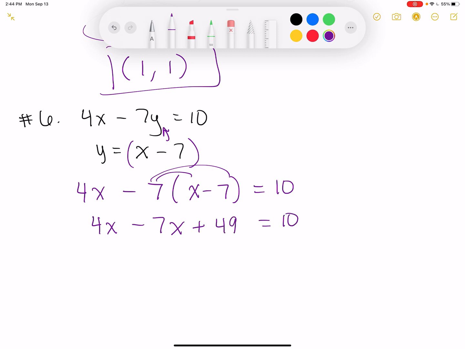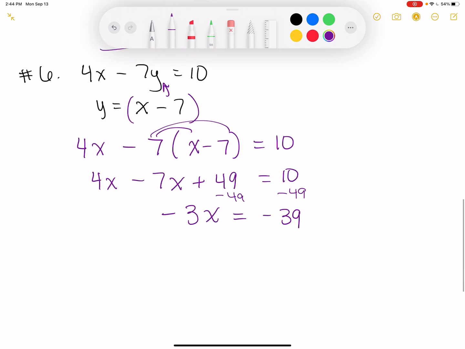And now what can I do? Add the x's. 4x minus 7x is negative 3x. I'm going to go ahead and subtract the 49 all in this step just to save a line of work. So 10 minus 49 is negative 39.